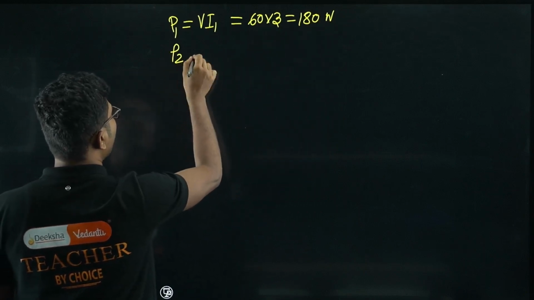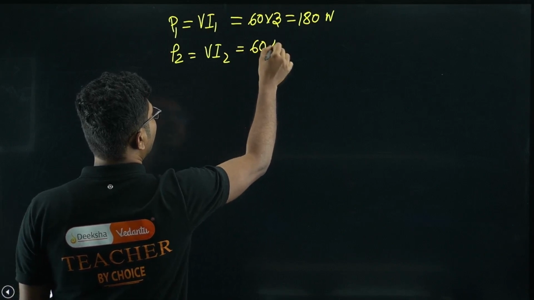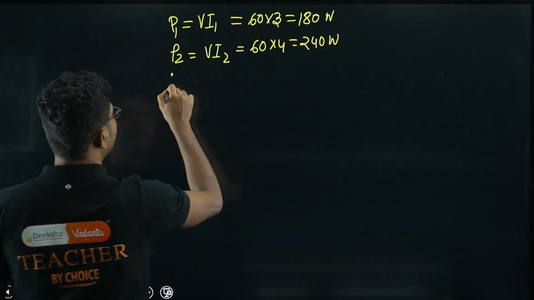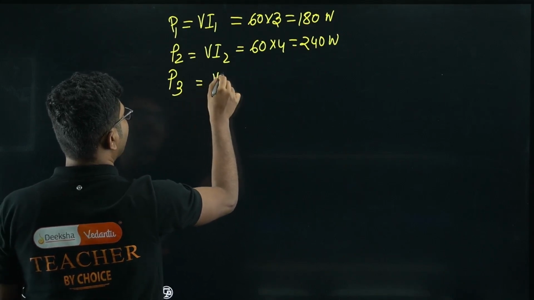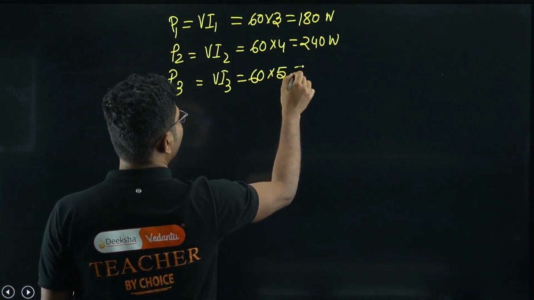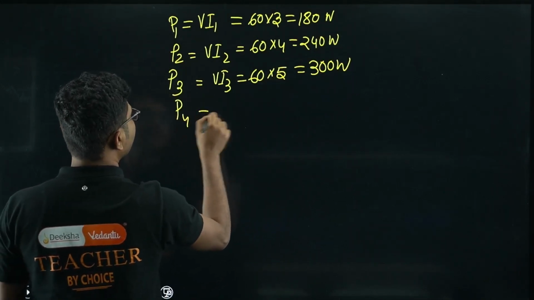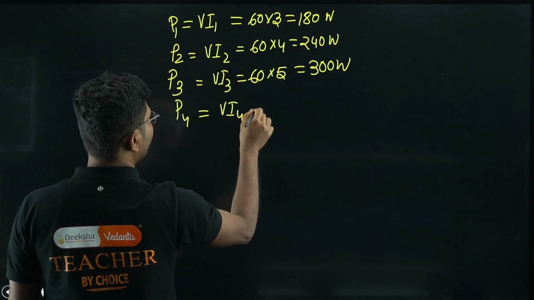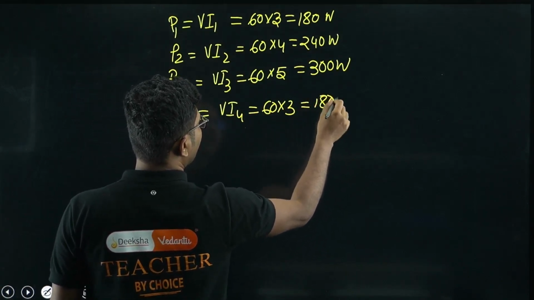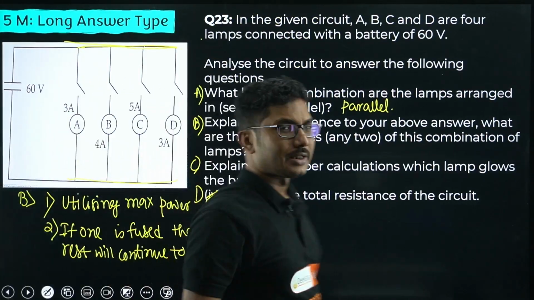P2 is VI2, which is 60 times 4, that is 240 watt. P3 is VI3, 60 times 5 equals 300 watt, and P4 is VI4, 60 times 3, that is 180 watt, right? These are the currents.